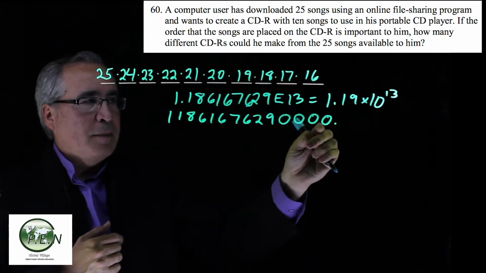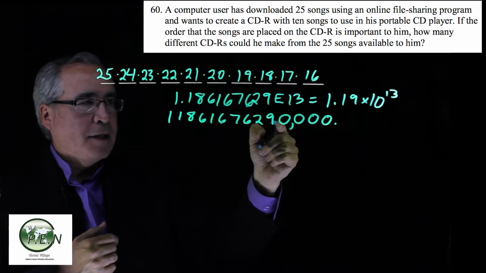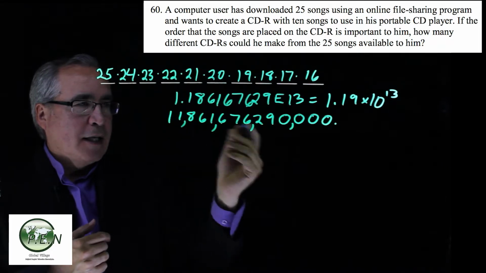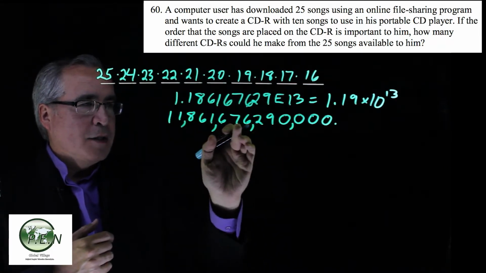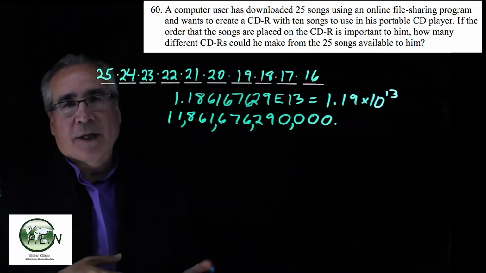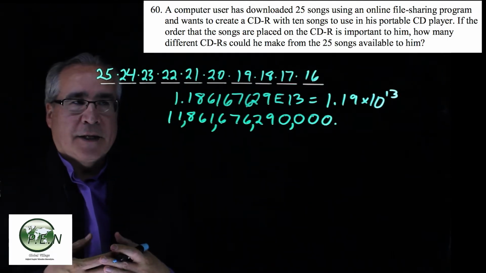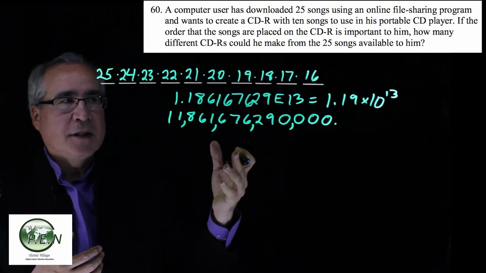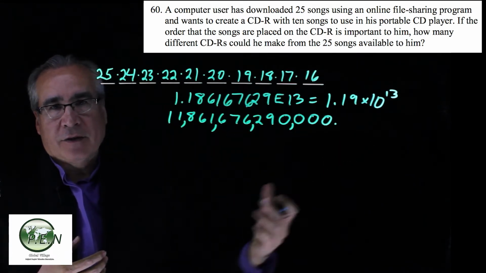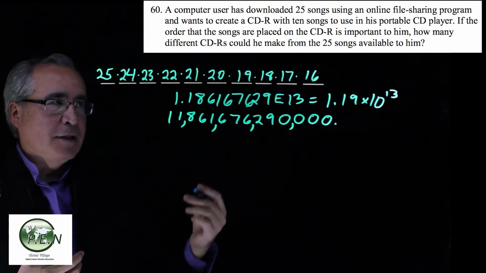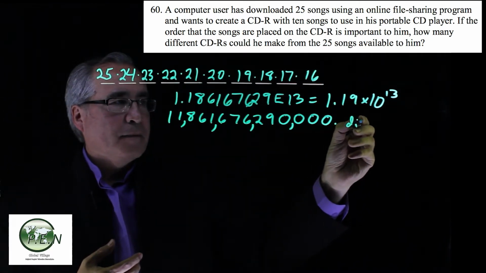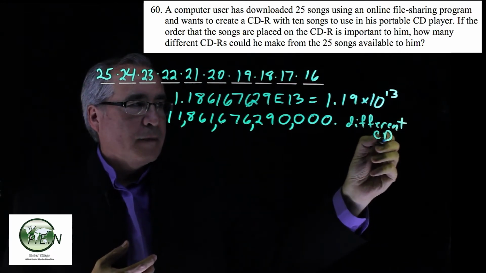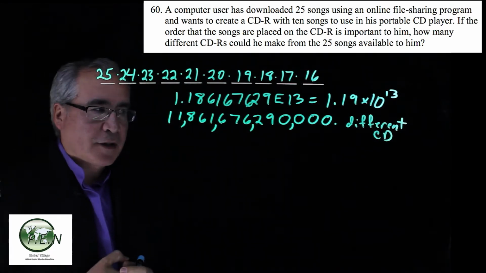We come back 3 places each time and put a comma to break off the thousands digits. And how many thousands do we have? Well, here's millions, here's billions. We have 11,861,676,290,000 different CDs that we can make out of these 25 songs.